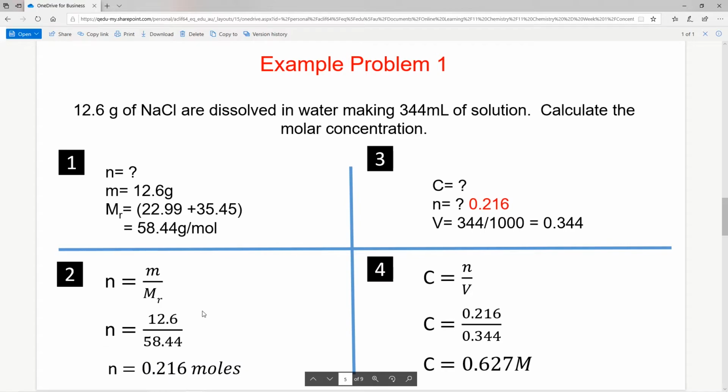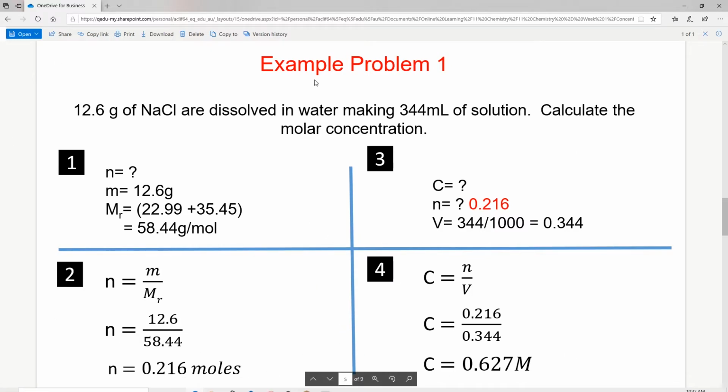Once we've worked that out, that number is then going to be added into our little section up here, which gives us number of moles and volume, so we can now work out concentration using our equation, which is here. Concentration equals number of moles divided by volume. So once we've got that, we can input all of our information in, and we have our answer of 0.627 moles. Hopefully that process makes a little bit of sense.